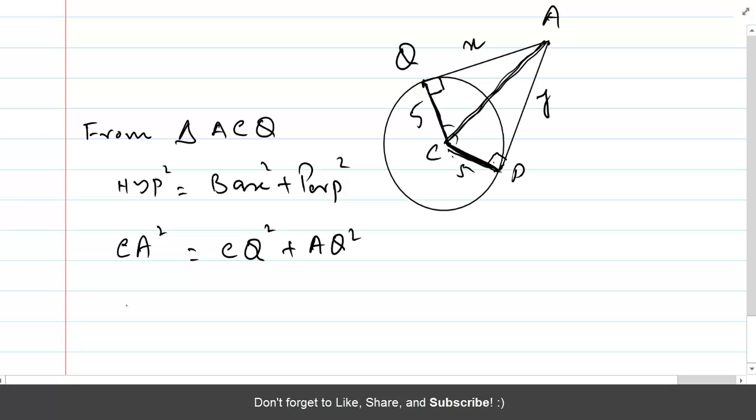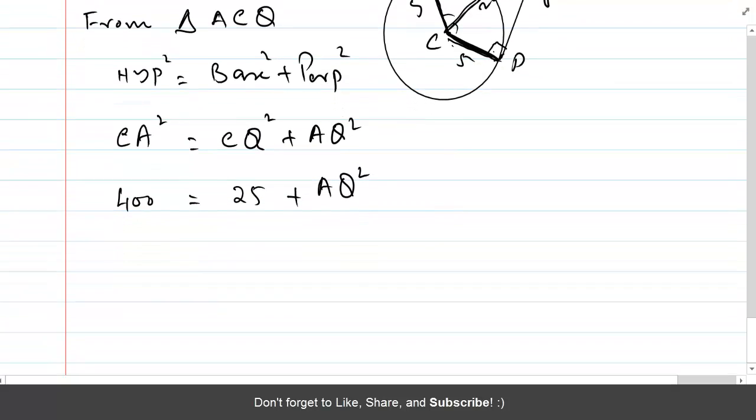Let's say it is 20 centimeters, that's given, the distance between the center and the point. So 20 square is equal to CQ, which is 5, so its square will be 25, plus AQ square.